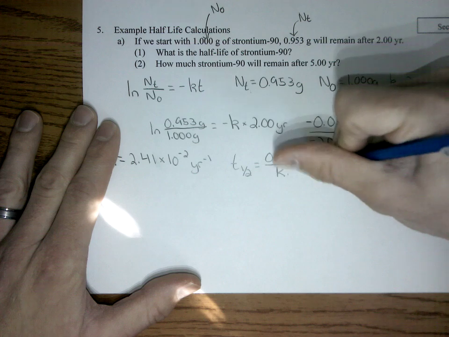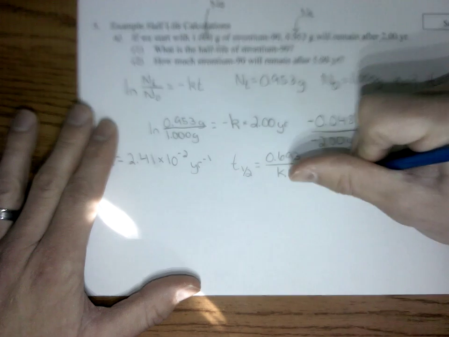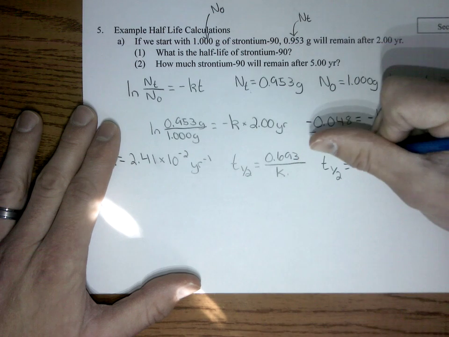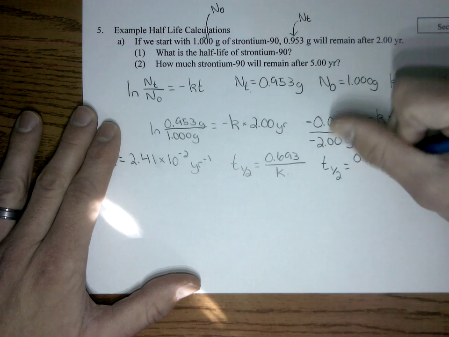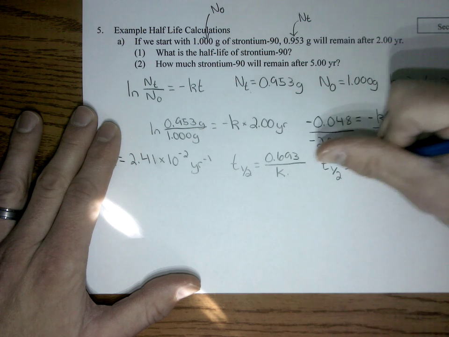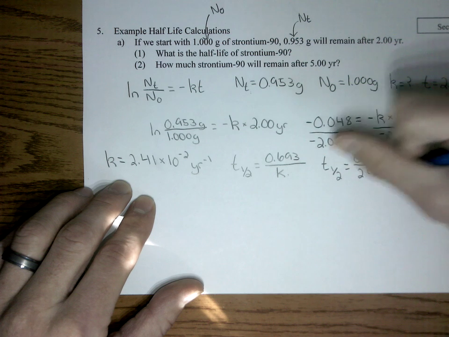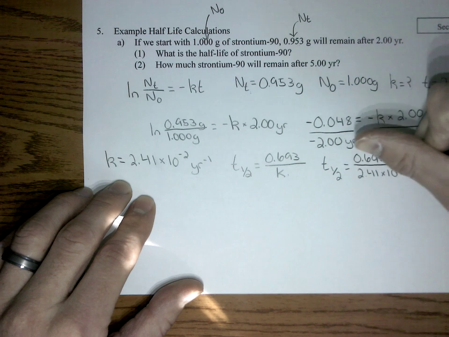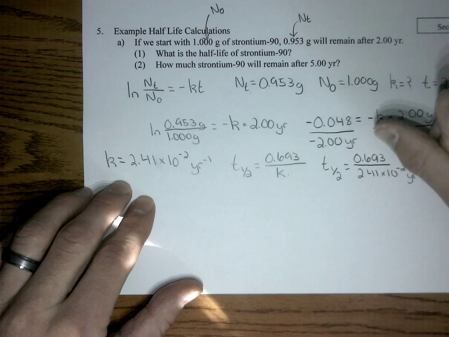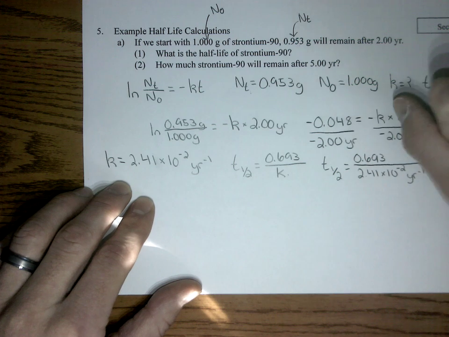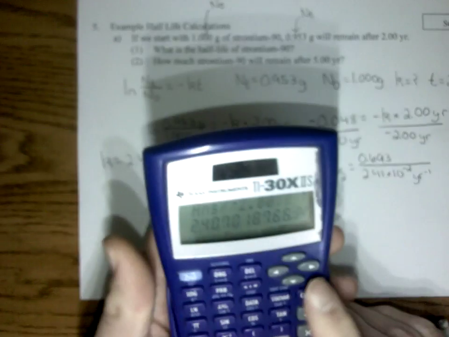So our half-life here for strontium-90 is going to be equal to 0.693 divided by 2.41 times 10 to the negative second inverse years. And all I'm going to do is plug this into my calculator.